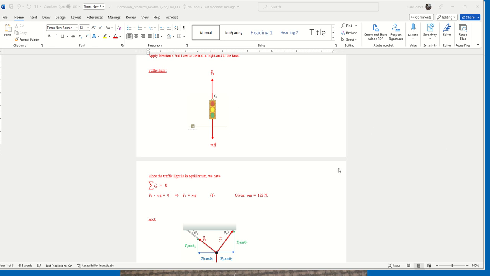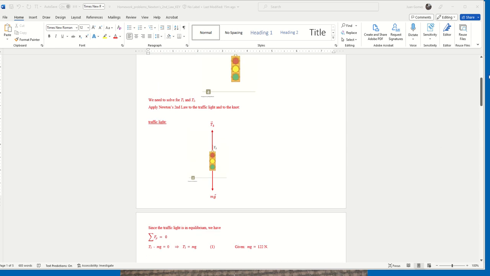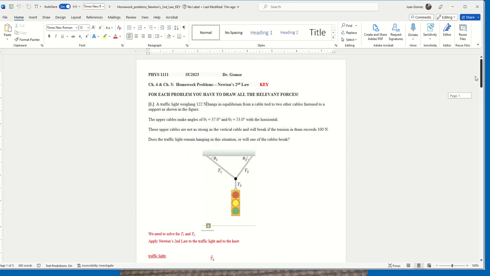Okay, so now we're done with the traffic light. Let's go ahead and draw all the forces acting on the knot, and then let's break them up when necessary into their components.